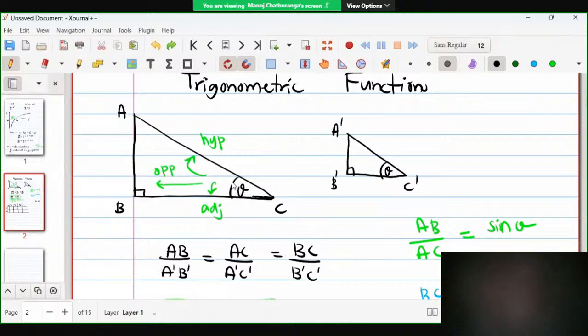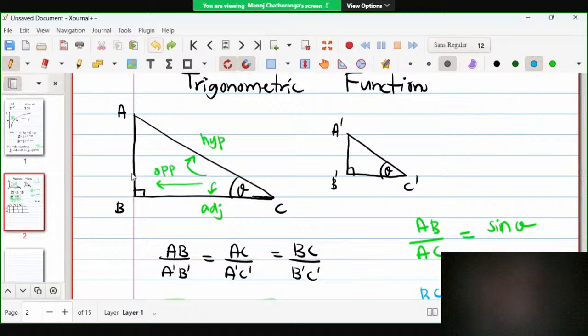At the end, the hypotenuse and this opposite side will be parallel to each other. There will be no triangle. It will be closer to something like that. If this is 90 degrees, this won't be a triangle anymore.